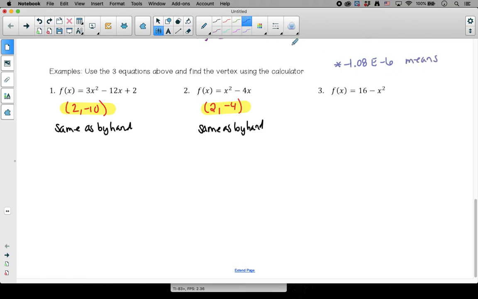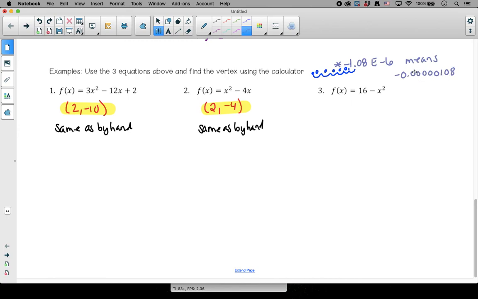so we move this decimal 1, 2, 3, 4, 5, 6. So it went to here, and then we have to add a 0 here, 0 here, 0 here, 0 here, and 0 here. So this really means negative 0.000000108.